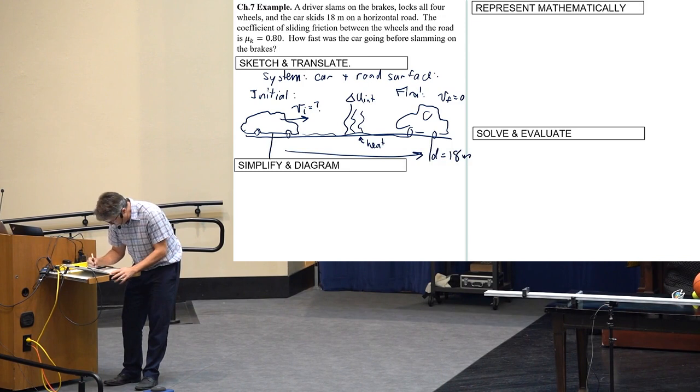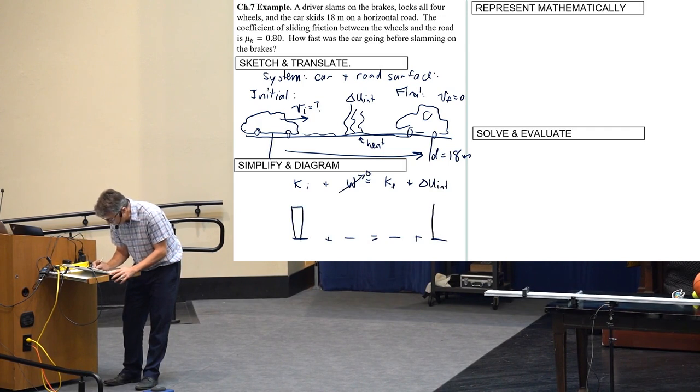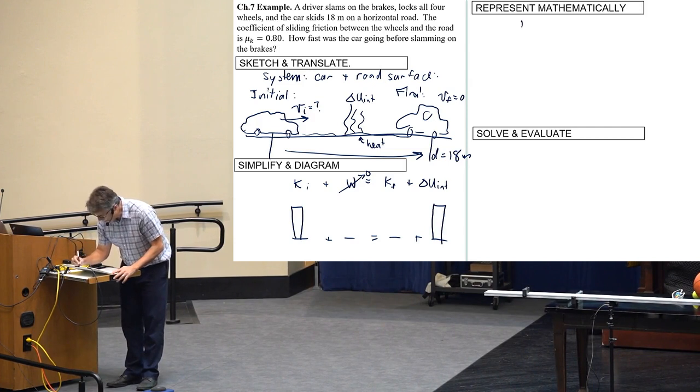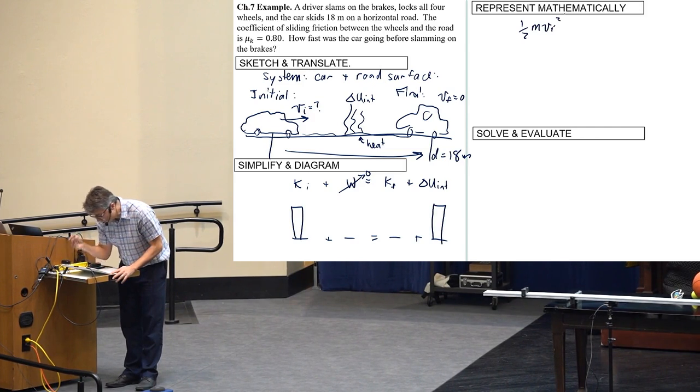So kinetic energy initial, plus some work, is kinetic energy final, plus some U internal. And I'm going to set the work equal to 0. If you wanted to draw energy bar diagrams, this gets converted into the heat. So it looks like 1/2 m v initial squared.